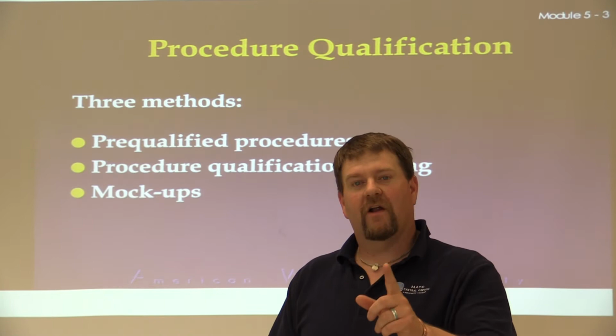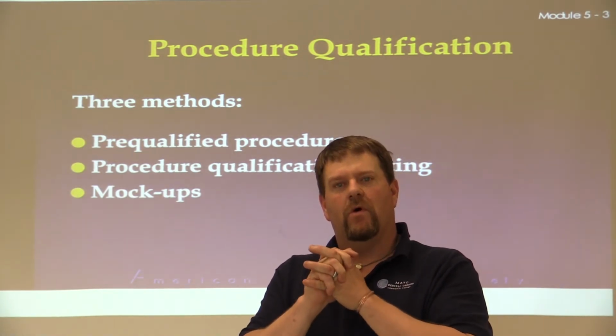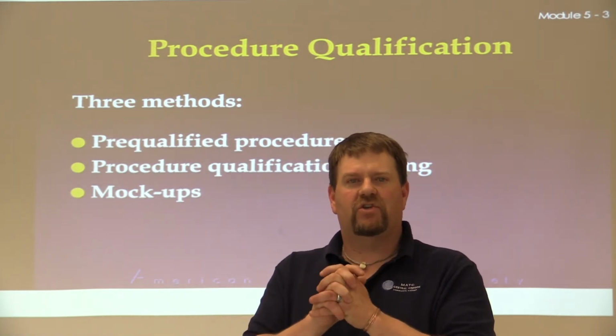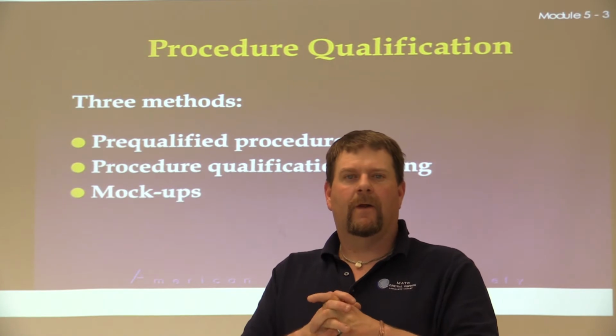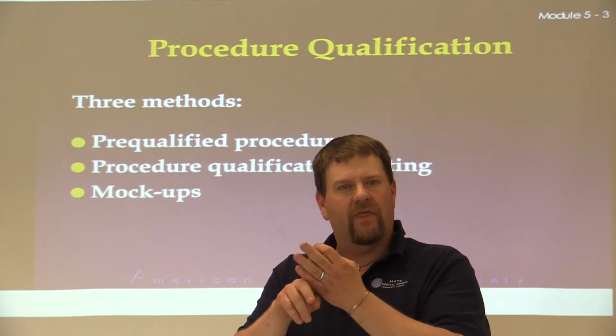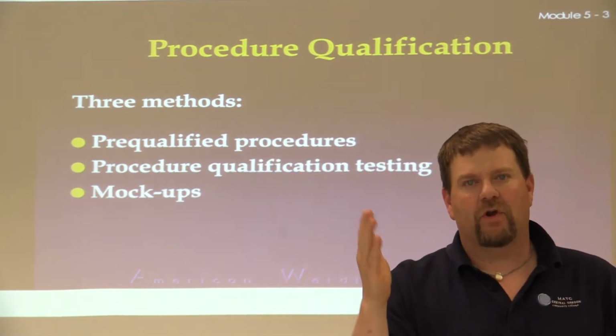Now, let me clarify real quick. A T, K, and Y situation within most specifications is covered by a 6GR with a restricting ring. Okay? So if you want to qualify to a T, K, or Y within the normal ranges, I think they give you an angle of like 45 or 30 degrees.